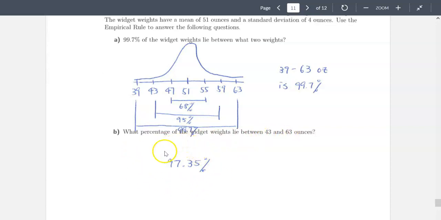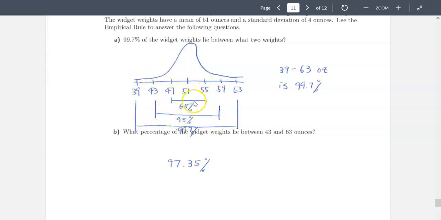Now the question is, how do we get 43 to 63? We can divide this out. From 43 to 63, the only thing missing is a little bit. There are other normal tables, and we have one in the textbook too, where they don't just have 68, 95, 99.7. They divide it into little pieces.